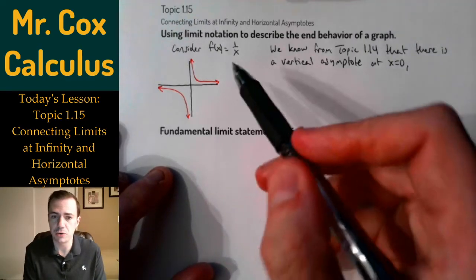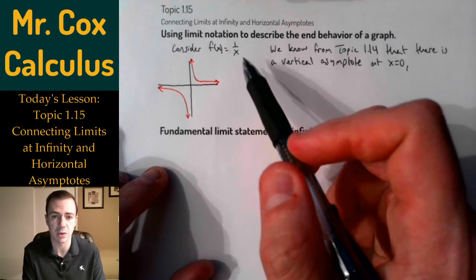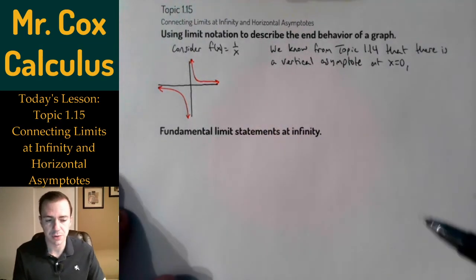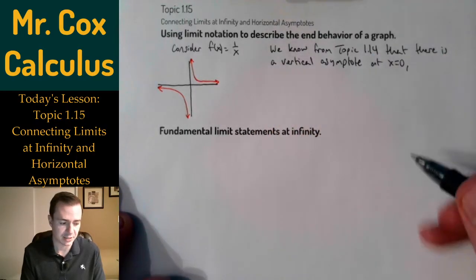And we know that to be true because if we look at x equals 0 and we use our direct substitution technique, we get 1 over 0.